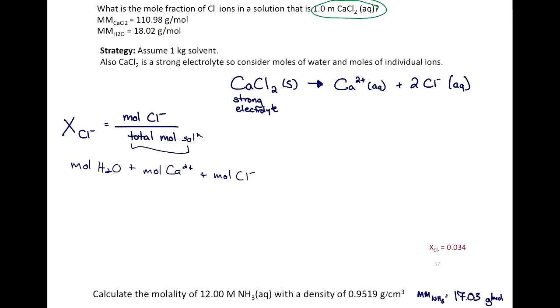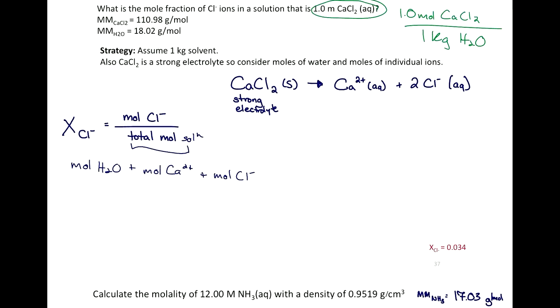1 molality means that there is 1 mole of calcium chloride dissolved in 1 kilogram of solvent. So in this case, it's water. If we write that unit out, let's assume we start with 1 kilogram of solvent.